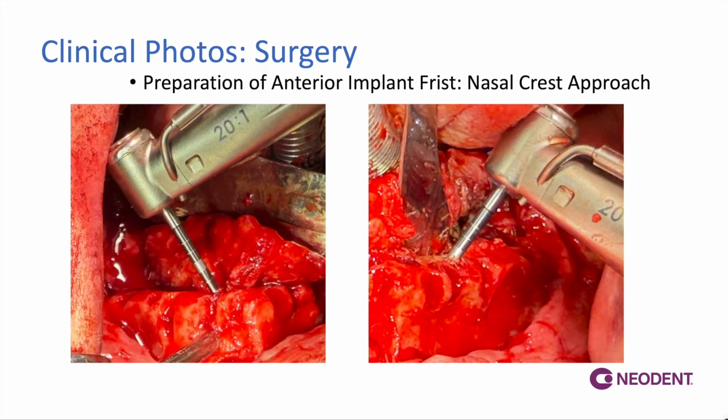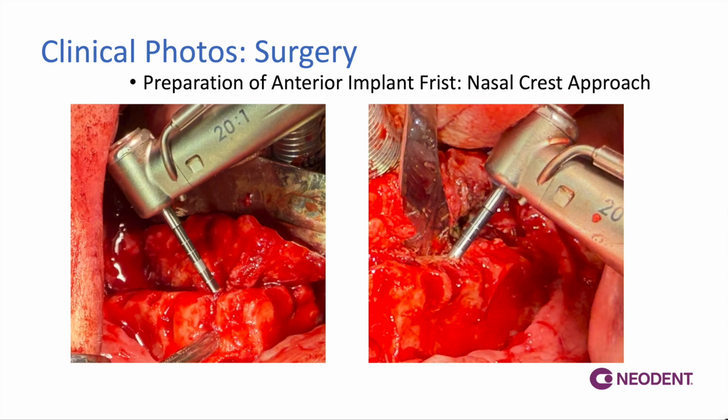Once we have the adequate alveolectomy, now we are able to do what we all get excited about, which is to prepare our osteotomies so that we can place our implants. On a relatively standard case, one where I do not anticipate any zygomatic implants, I will prepare the anterior first.